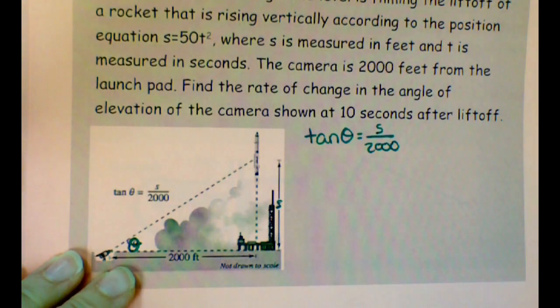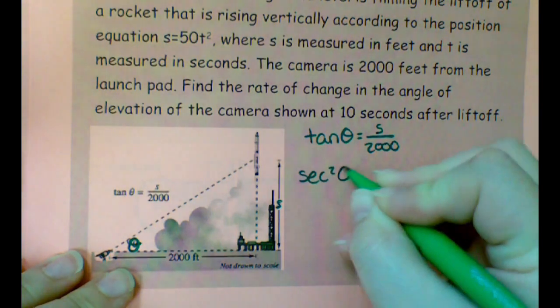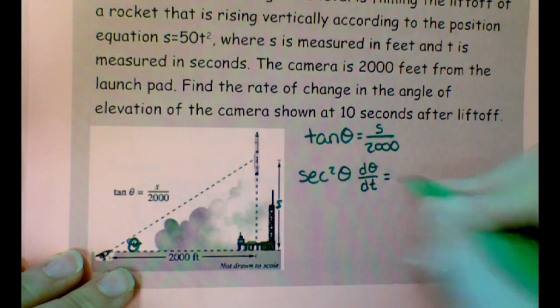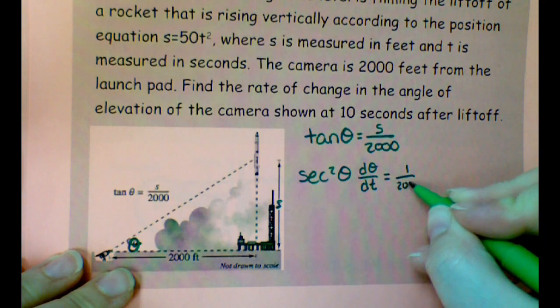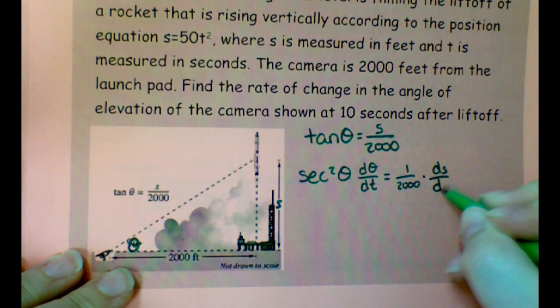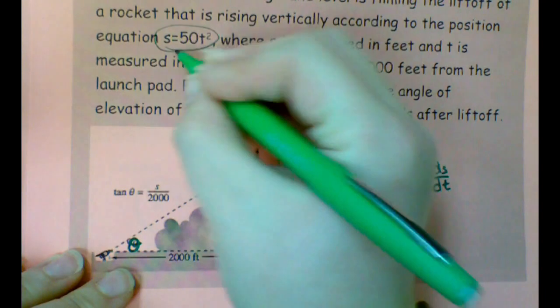So I can take the derivative. Derivative of tangent is secant squared d theta/dt equals, this is 1 over 2,000 times the derivative of s, which would be ds/dt. But this gave us an equation for s.